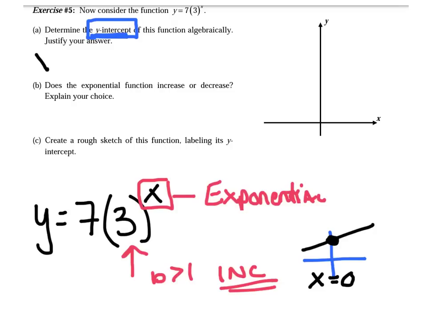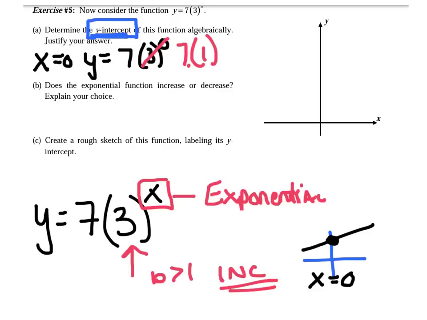So all I'm going to do is say x equals 0, and carefully plug this in. 7 times 3 to the 0. Then that 0 is strictly sitting on the 3. So 3 to the 0 is 1, anybody to the 0, and 7 times 1 is 7. So I know this graph crosses at, let's label it, (0, 7).